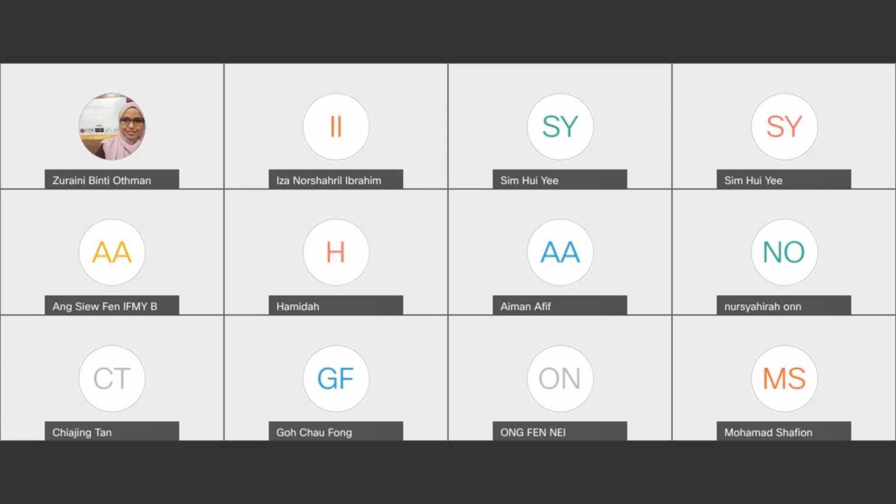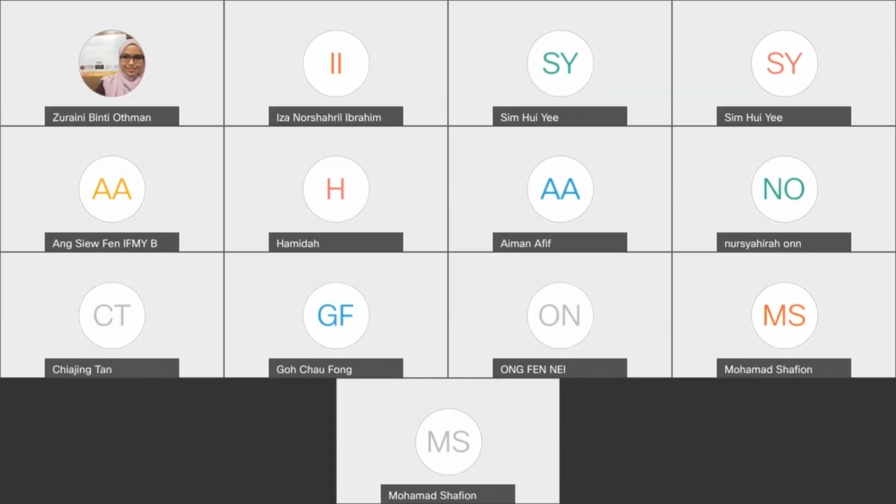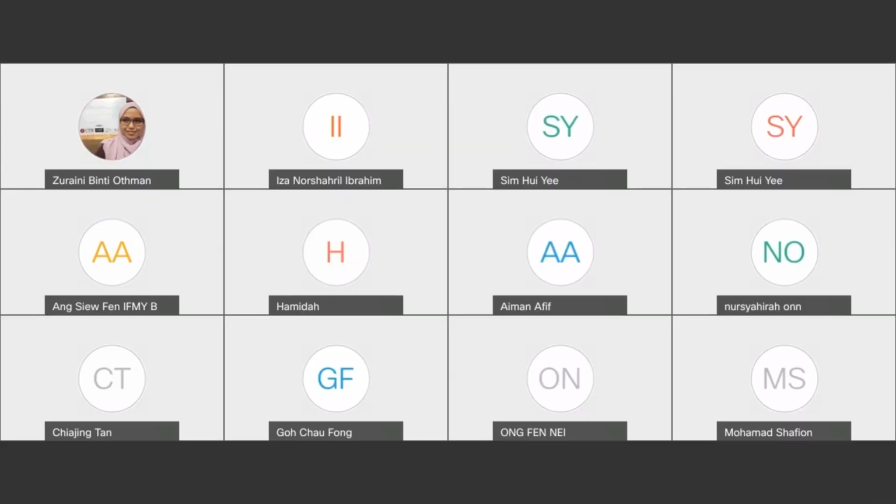Then step by step, what is it, Iza? The step by step of the code or what? Do you want us to state the answer, just write the answer, or the hypothesis result step by step? Dr. said there's a step by step.